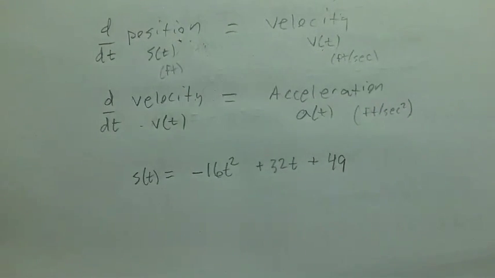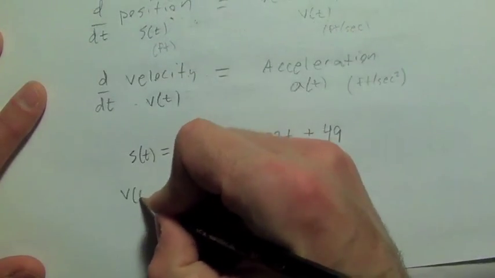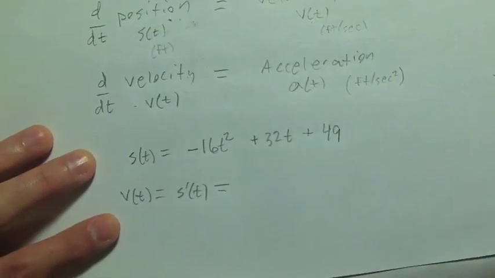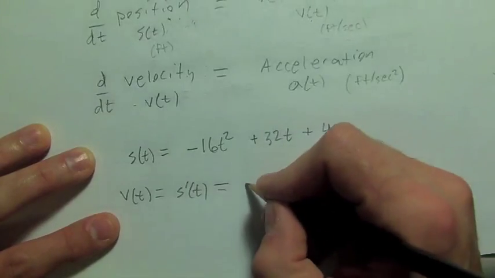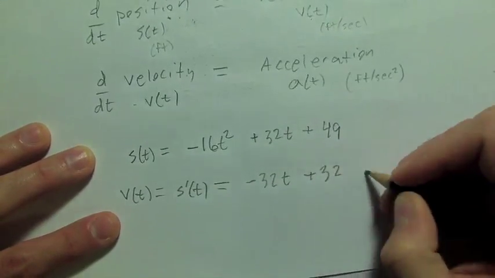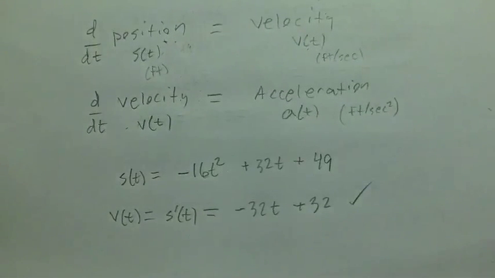If you remember, it took a lot of work to break that all down and figure it out. But with the rules you've just learned, if we wanted the velocity at whatever second, we would just take the derivative and get negative 32t plus 32. And bam, you can figure out whichever one you want by plugging in the values.